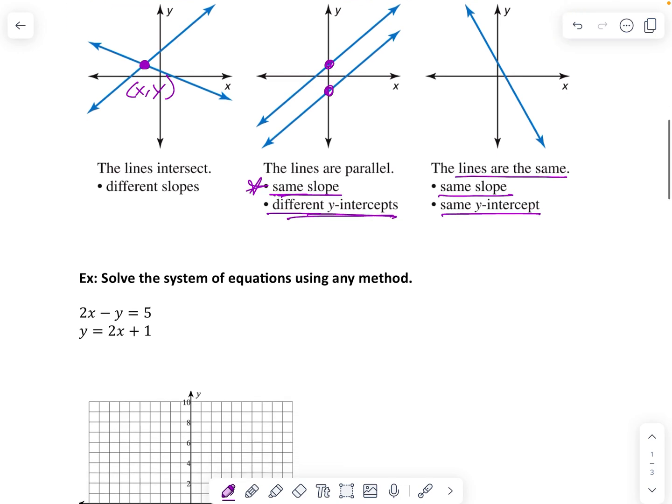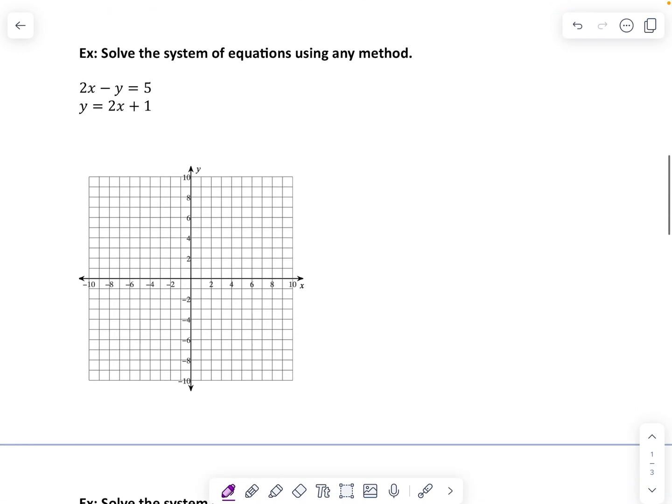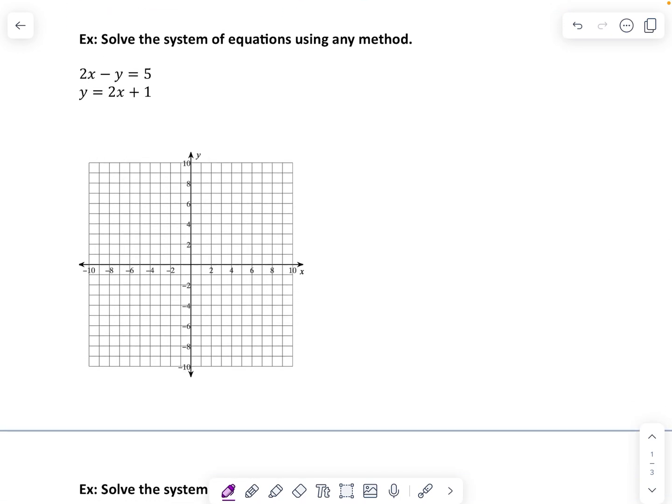Well, we can definitely see these relationships if we graph them. So let's look at this example and graph the two equations. This first one here, we need to fix that up. So I'm going to do 2x minus y equals 5. Let's put it in slope-intercept form.